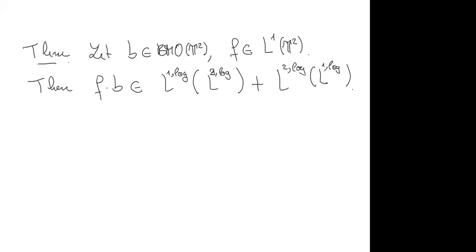What I mean here is that if you remember, we had this function phi of t, which was modulus of t divided by log e. That was the function defining our Orlicz space.